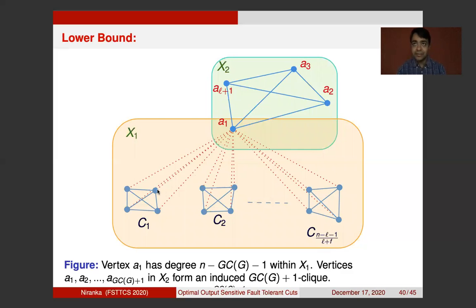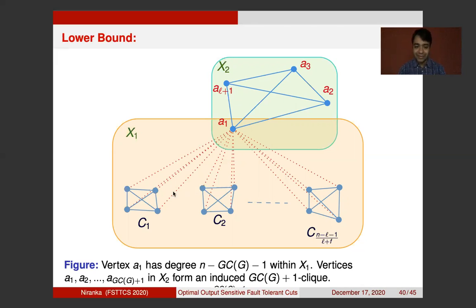In which case, we can show that if we remove an edge from this X1 portion of the graph, the adversary may delete f edges in such a way that the global cut value of G minus F remains L in this portion, but in H, the subgraph that we have constructed, just by removing any one edge, it will become L minus 1.